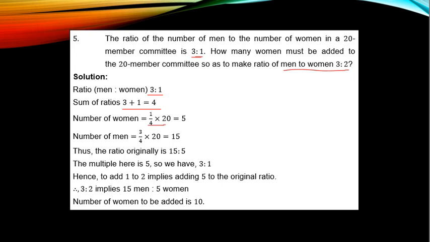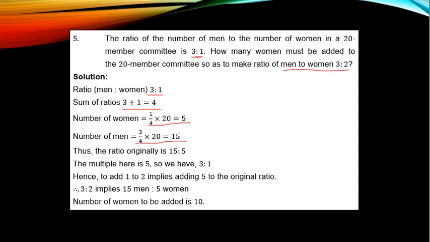So the number of women is 5. The number of men is equal to the ratio of men, 3, over the sum of ratios, 4, times the total number of people in the committee, 20. If you do that, you have 15.